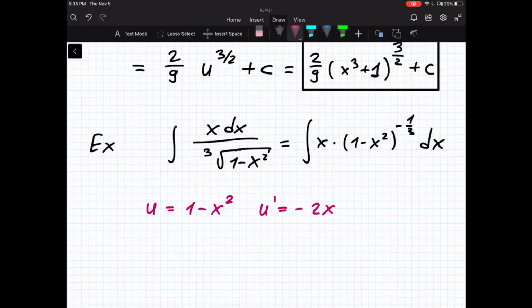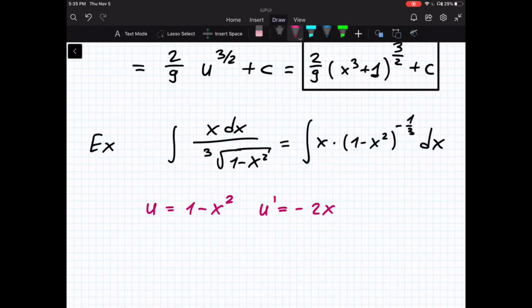And I need to substitute back. My u was 1 minus x squared, and thus the final answer is minus 3 over 4, 1 minus x squared to the power 2/3 plus constant.